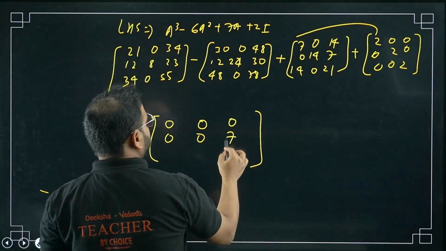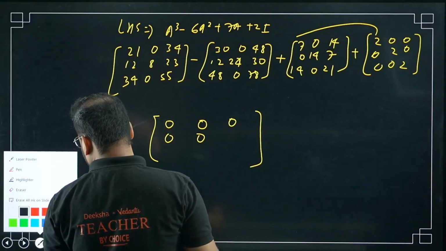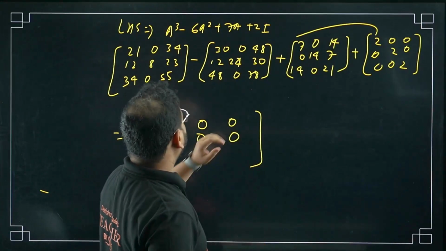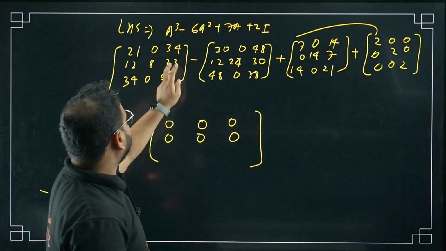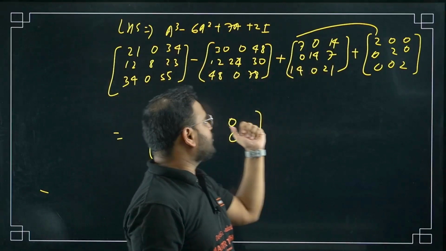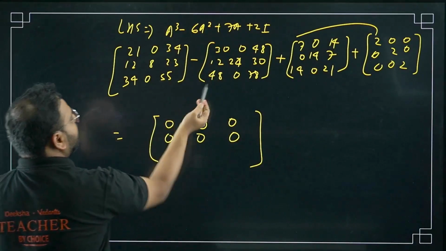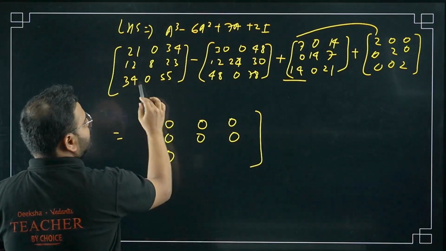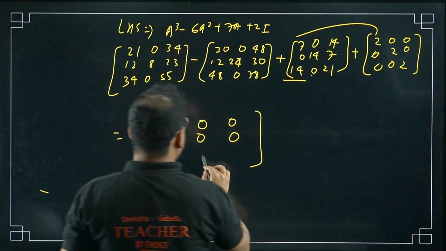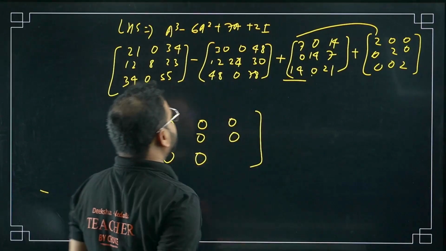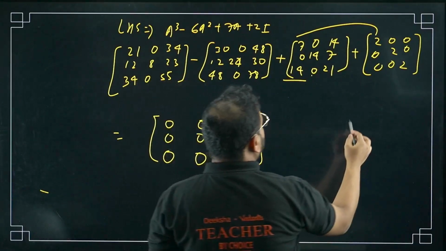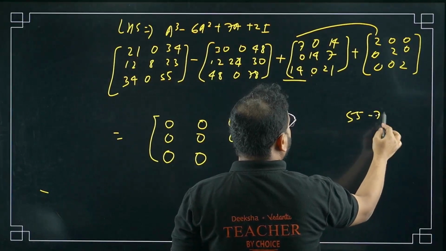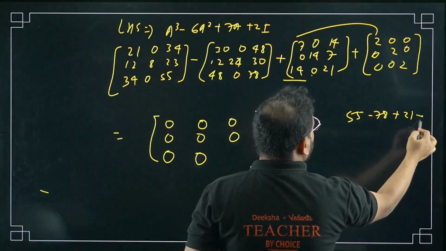Last row: 34 minus 48 is minus 14, plus 14, again 0. So all 0 over here. 55 minus 78 plus 21 plus 2.